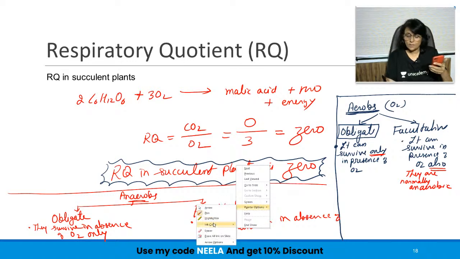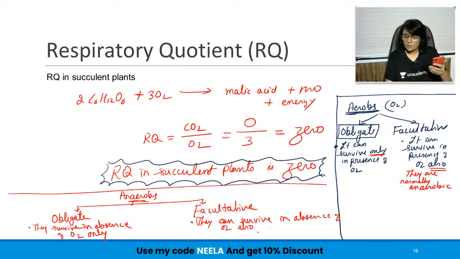These ones are normally aerobes. So normally they lead their life as aerobes. They use oxygen and survive. But they can survive in absence of oxygen also. So is the difference clear between aerobes and anaerobes?